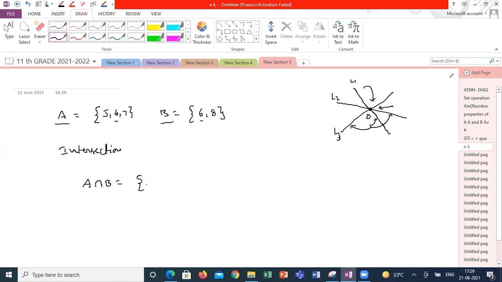So how can we define intersection? Anyone, guys? In your own words. The common elements present in both the sets. Yes.